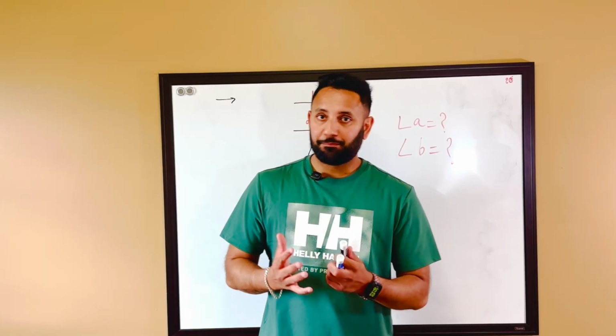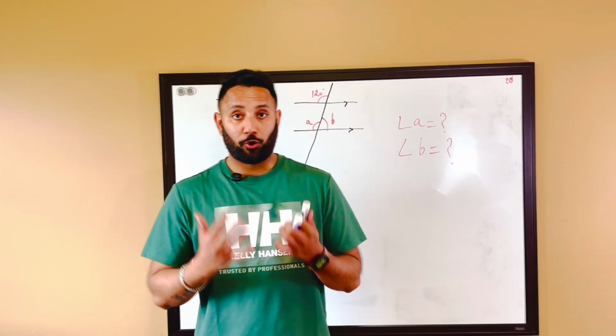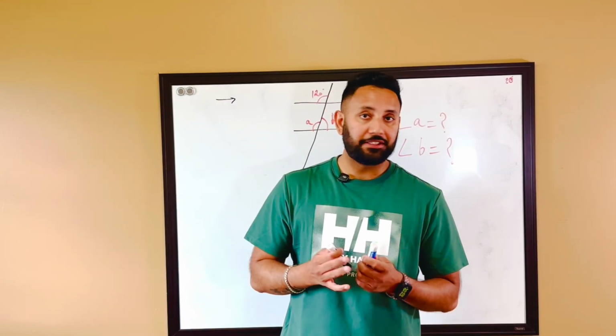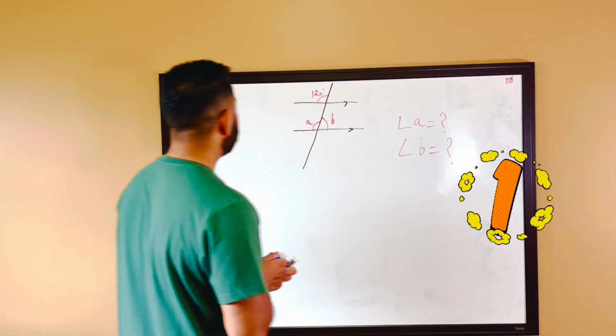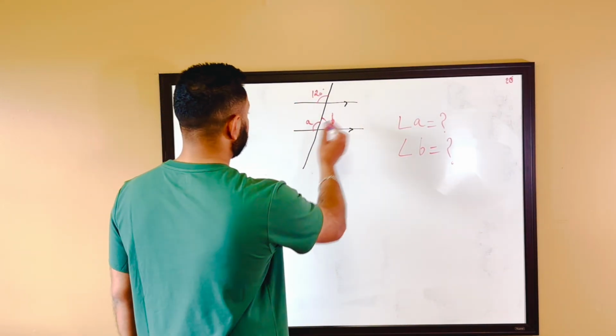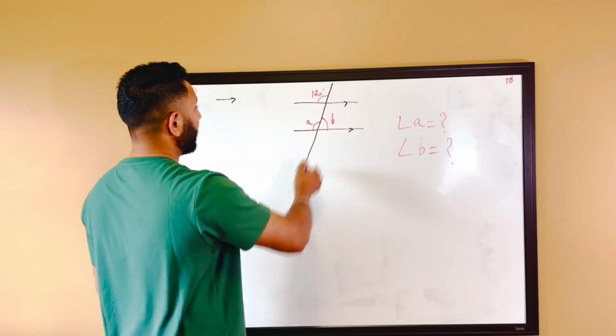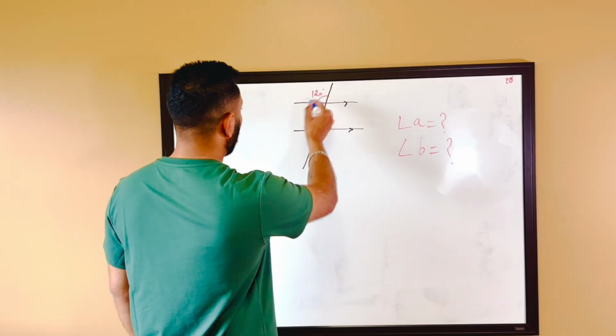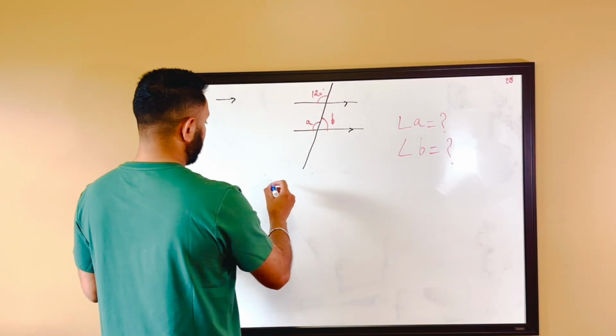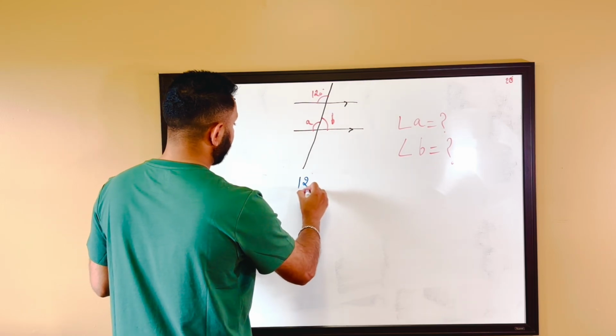Now we're going to do some examples so as to understand well how angles are formed by lines. Our first example: we are given two parallel lines and a transversal line passes through it and makes an angle of 120 degrees.